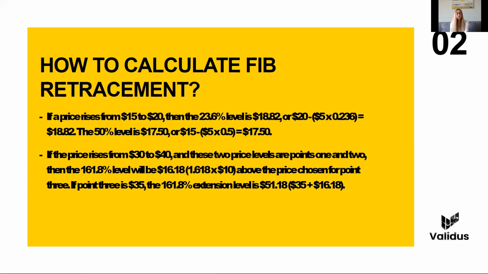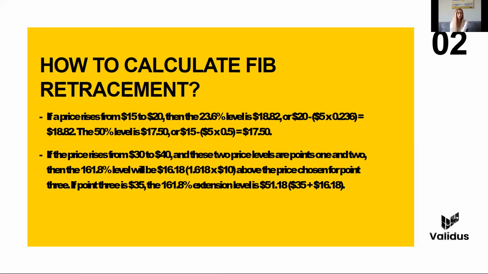If point 3 is at $35, the 161.8 extension level will be $51.18. It is $35 plus $16.18. The 100 and the 200% levels are not official Fibonacci levels, but they are useful since they project a similar move to what just happened on the price chart.